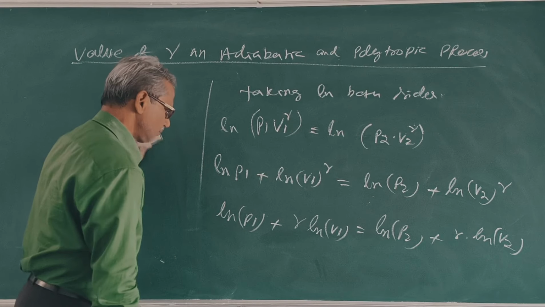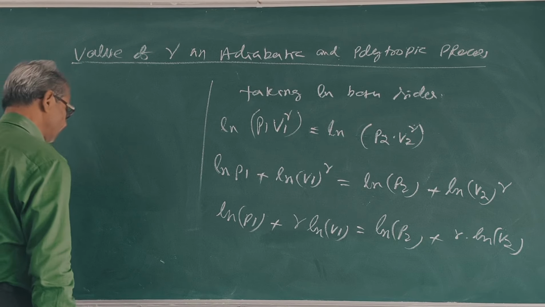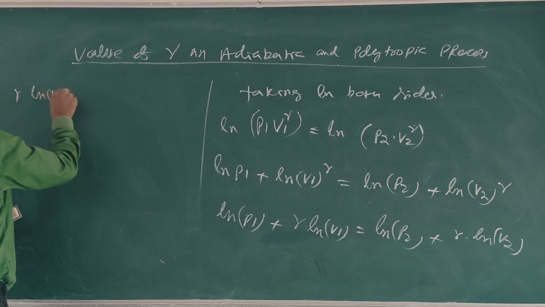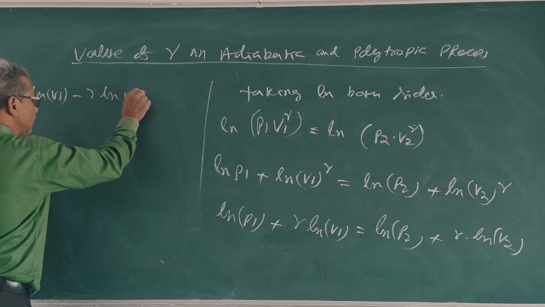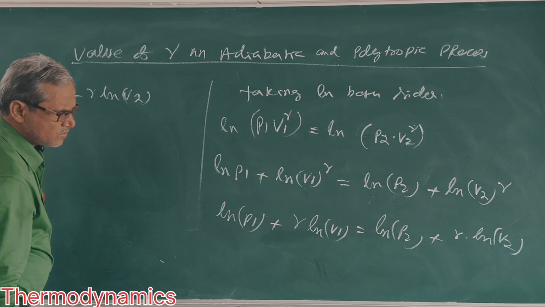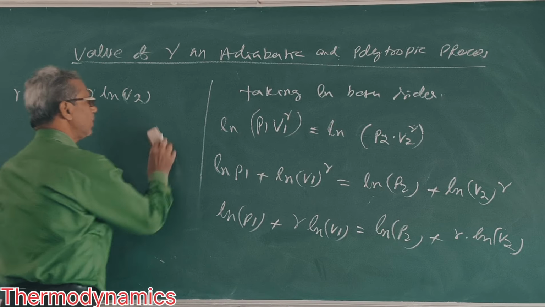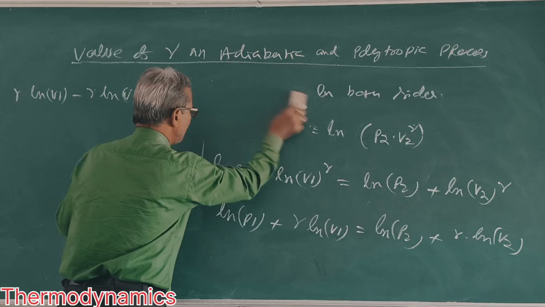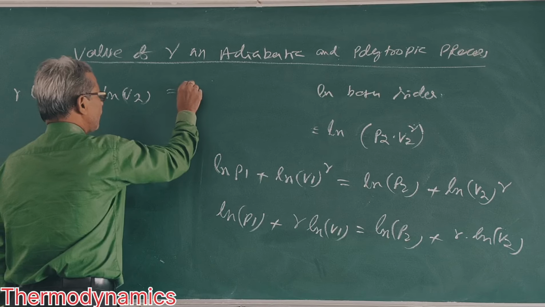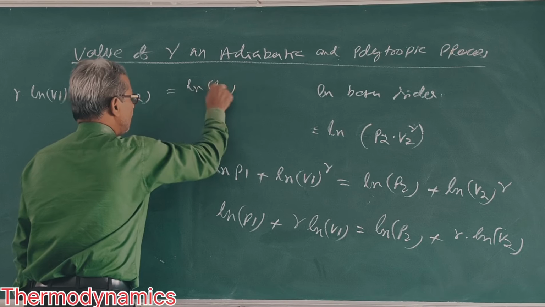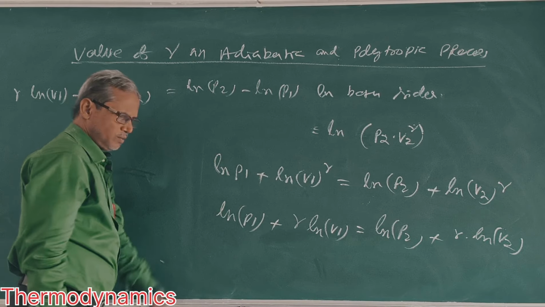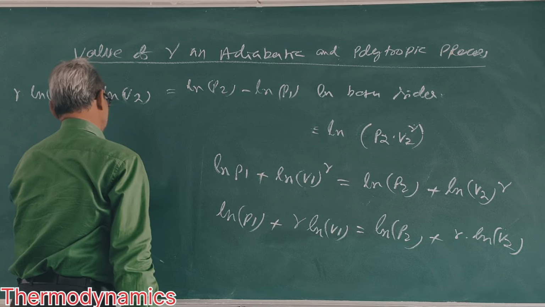Gamma ln V1 minus gamma ln V2 is equal to ln P2 minus ln P1. Clear?